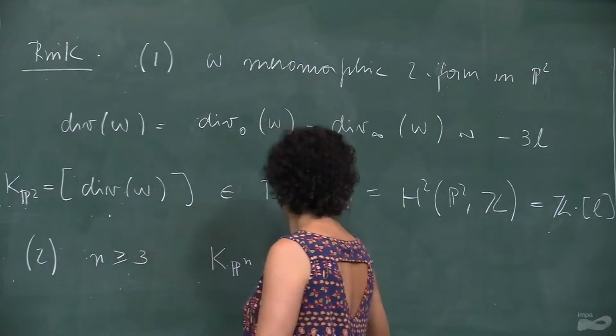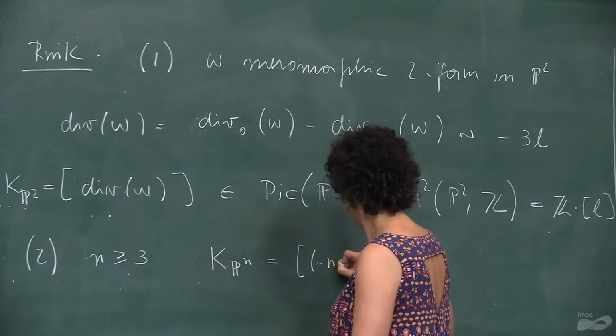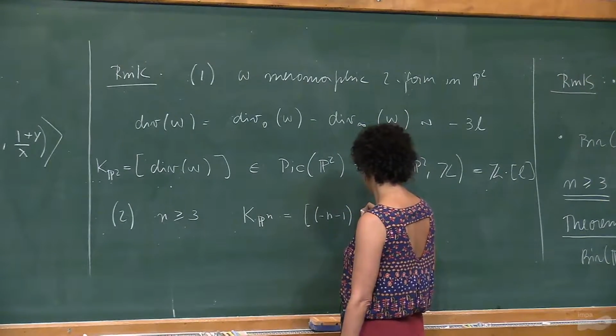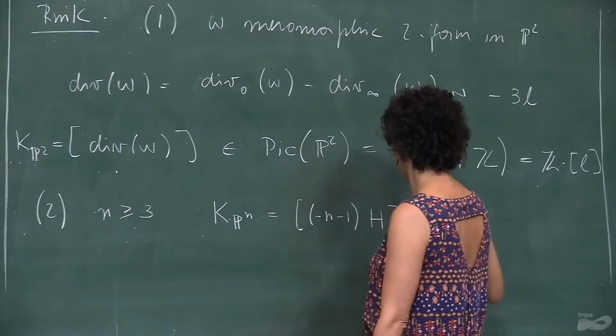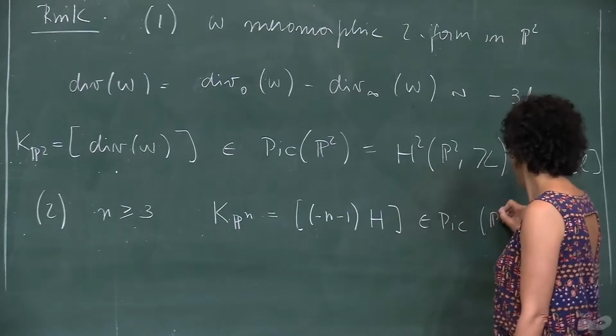And this is going to be the class of minus (n minus 1) times a hyperplane section, say, inside the Picard group of P^n, or the cohomology group.